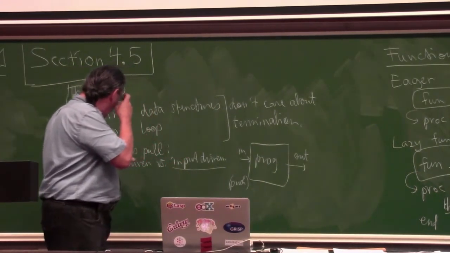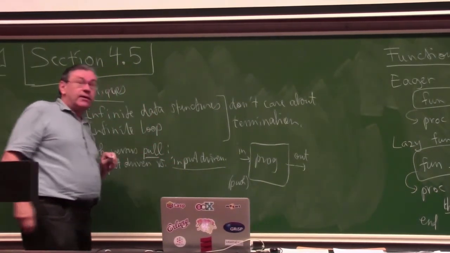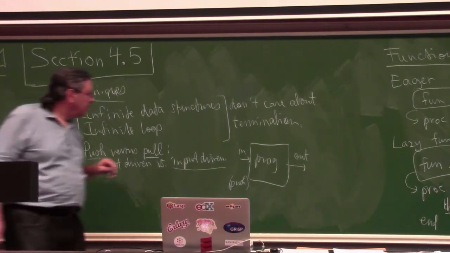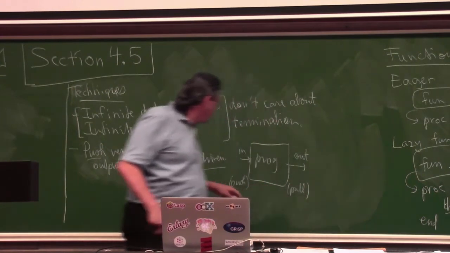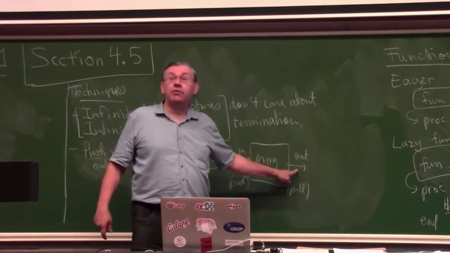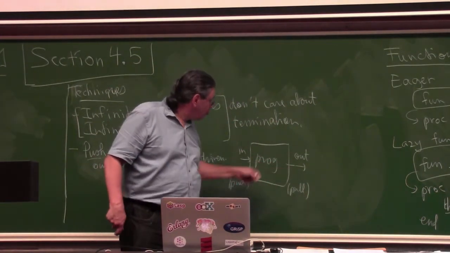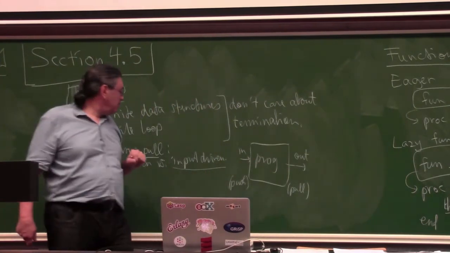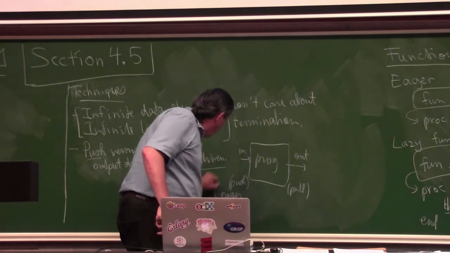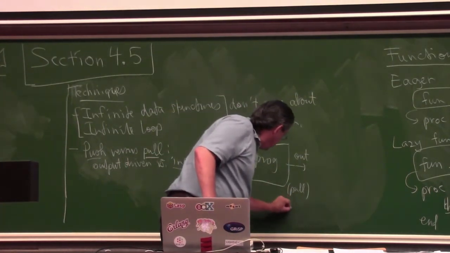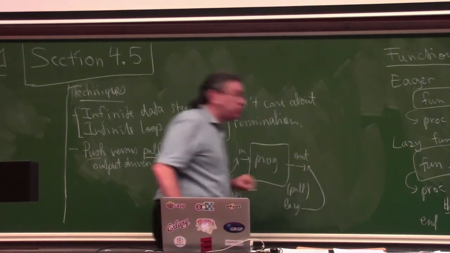But the opposite way is called pull. This way, nothing is done until you ask for something at the output. So the control is on the output and not on the input. In the eager way, the control is at the input, and in the lazy way, the control is at the output.